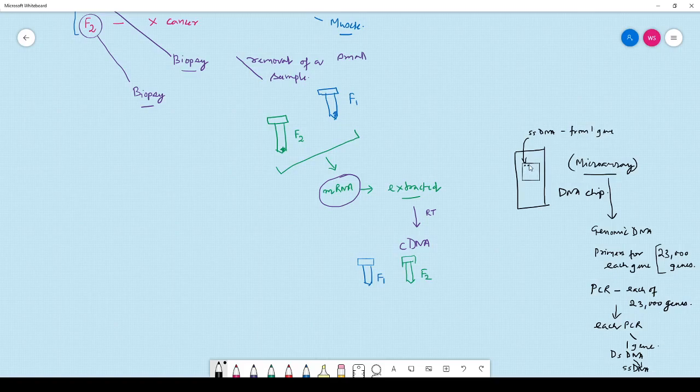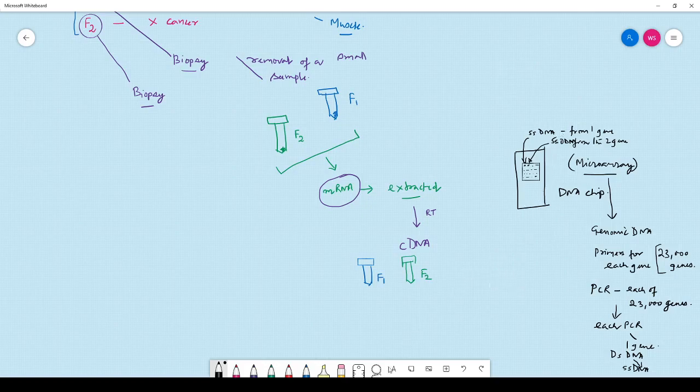The next spot will be occupied by the single-stranded DNA from the second gene, and so on. Okay, so when we spot 23,000 genes, then that becomes a DNA microarray. So this is a microarray.